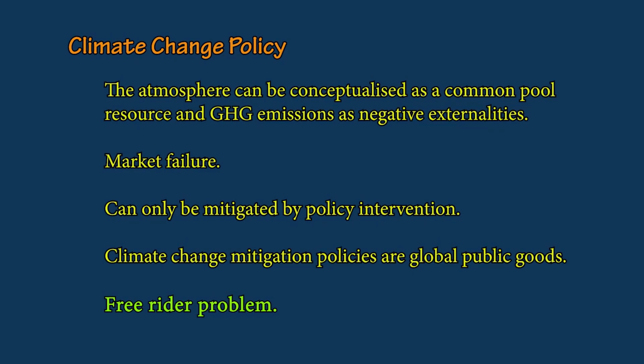Now, because this is a global public good, there is always a possibility and always an incentive for individual nations to free ride on the action taken by other governments or the international bodies. For example, it is easy to walk out of a Paris Agreement and still enjoy the benefit of the actions taken by the other nations. This is called the free rider problem.